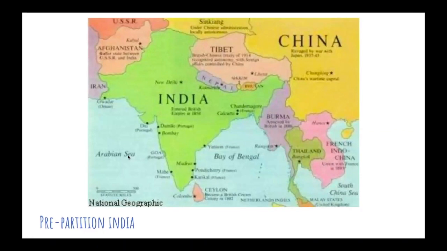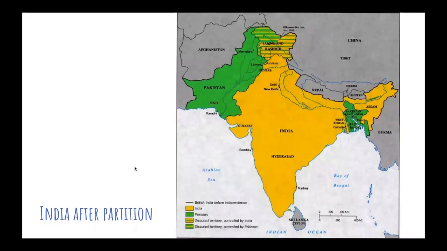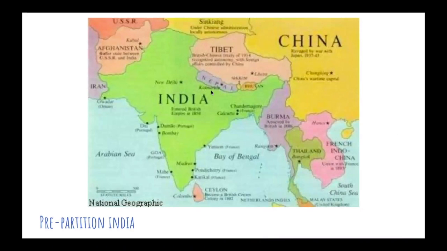So before India is split, again, is this massive country, all this green area here. So this is pre-partition, pre-split of India. And then after India is split, we see the new country called Pakistan created. The Hindus are going to remain in India, and Muslims are going to go to Pakistan. Now, there are definitely some Hindus that are living in this region of India when partition occurs.